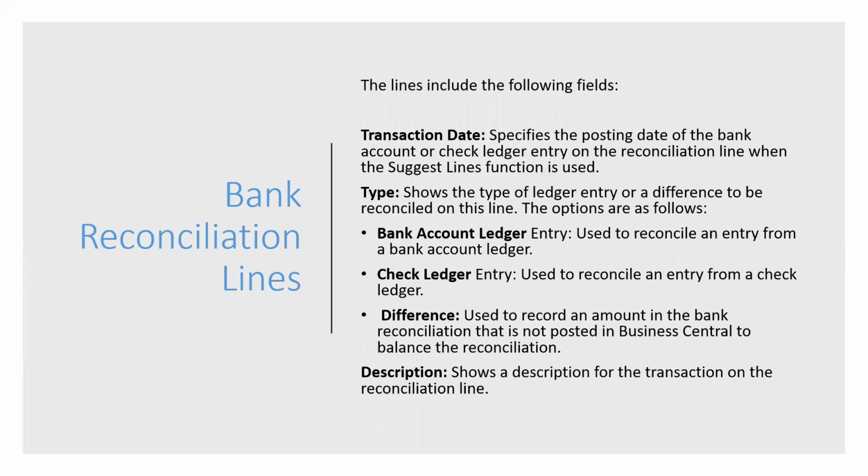This engine matches your reconciliation automatically by the description of the specific transaction, the date, and the type. So NAV could review the checks to reconcile, as well as the bank account ledger or the differences whenever needed. It will review the description of the transactions to match, and also the date. Remember that sometimes we don't post our transactions the same day we make a deposit.